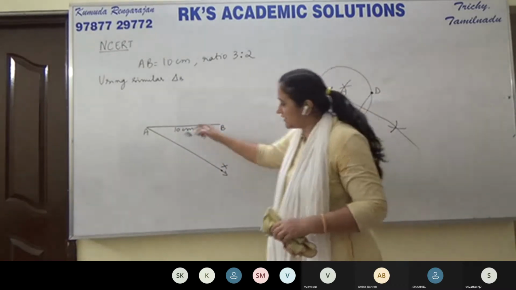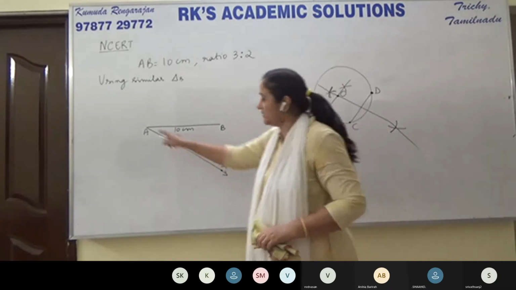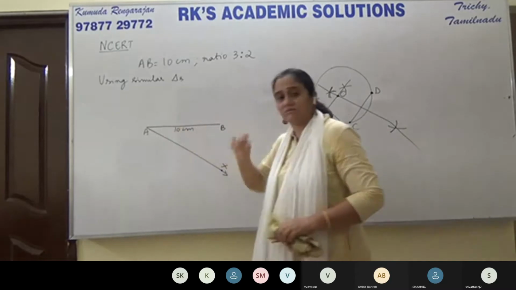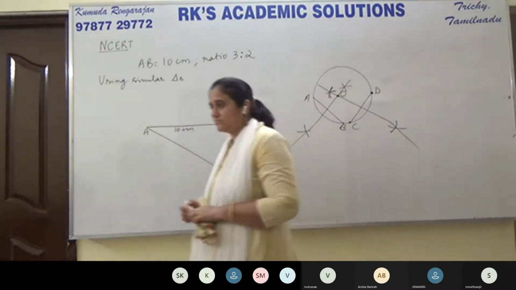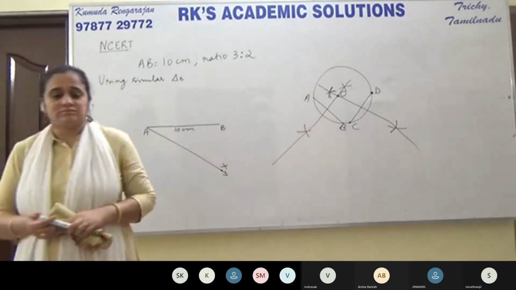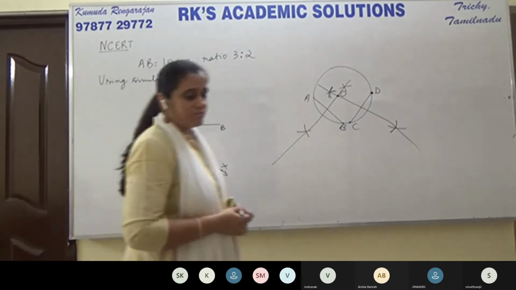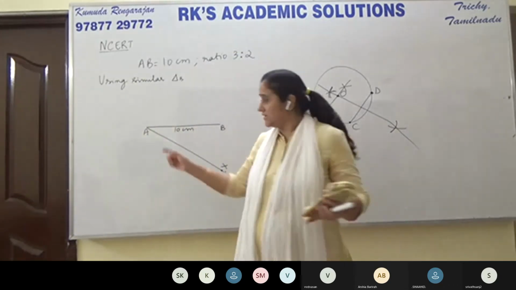What is important is that the ray AX makes an acute angle with the line segment AB. This angle is an acute angle. We have not used a compass, children, just a scale and pencil.